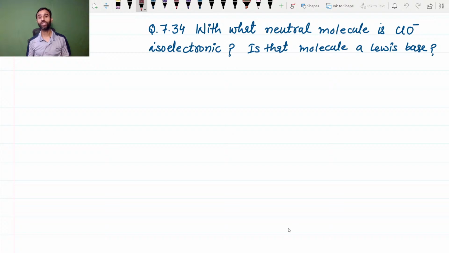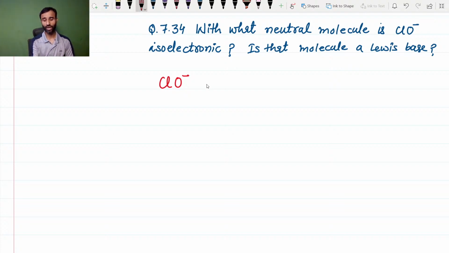Yes, with what neutral molecule is ClO negative isoelectronic? So say ClO negative, valence electrons of chlorine are 7 and valence electrons of oxygen are 6, with one negative charge.